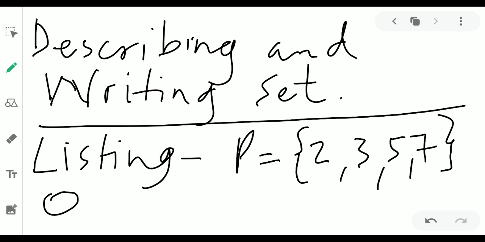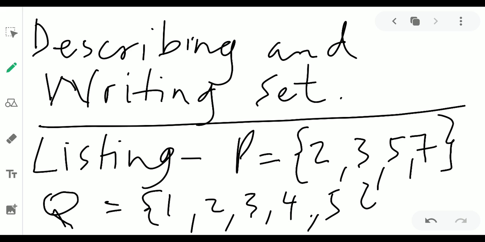Equally, I can list the members of set Q by writing 1, 2, 3, 4, 5. Then I close the curly brackets. That's the set notation. So set Q is {1, 2, 3, 4, 5} and set P is {2, 3, 5, 7}. I have listed the members.